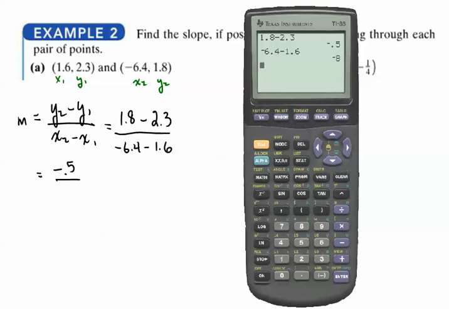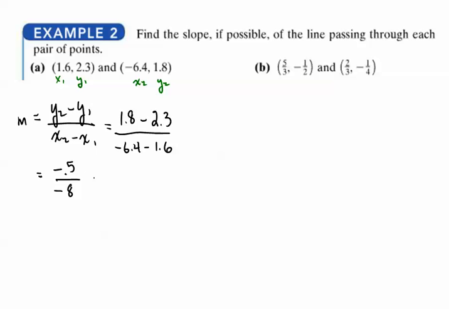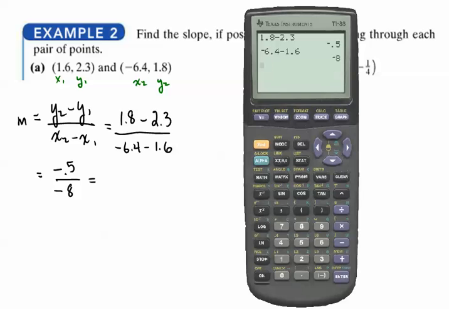And here we would have a negative 8. So it's clear that a negative divided by a negative is going to give us a positive. And if we divide negative 0.5 by negative 8, that will give us 0.0625.